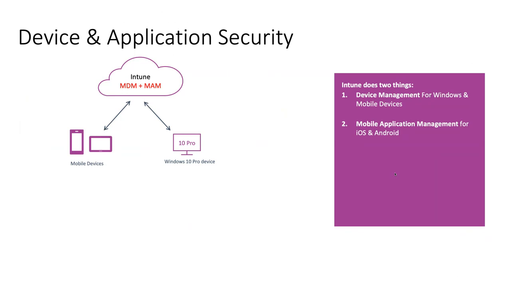The third area for this is device and application security. So Microsoft Intune allows you to provide fully comprehensive device management and security for your mobile devices and your Windows 10 Pro devices, but it can also provide application management. Now, I'll cover this in a little bit more detail shortly, but the two distinct methods for this are mobile device management and mobile application management.